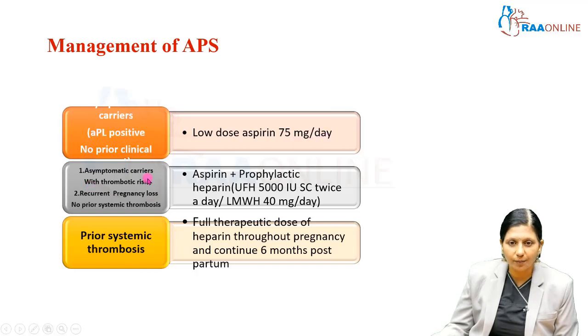If they are asymptomatic carriers with thrombotic risk and recurrent pregnancy loss with no prior systemic thrombosis, we can give them aspirin and prophylactic heparin. Unfractionated heparin can be given in 5000 international units subcutaneous twice a day or low molecular weight heparin 40 mg twice a day. And if the patient has previous systemic thrombosis, then the patient should be given a full therapeutic dose of heparin throughout the pregnancy and continued for 6 months postpartum.